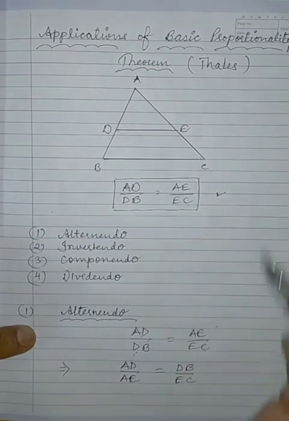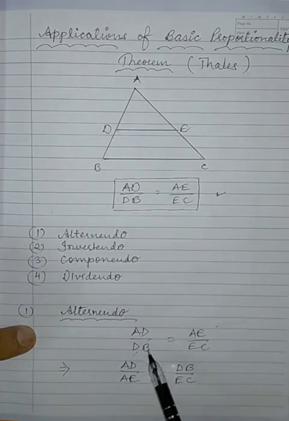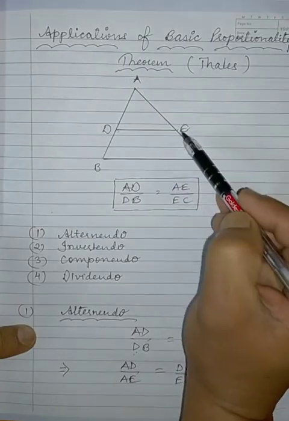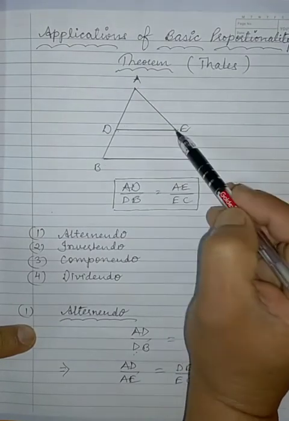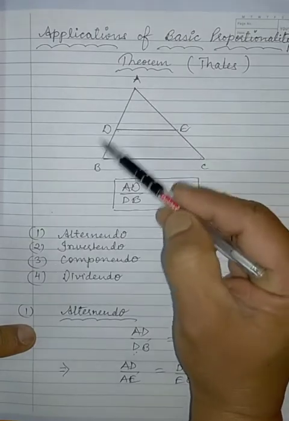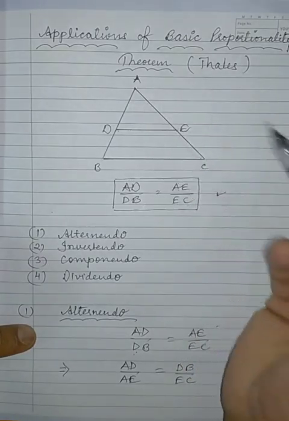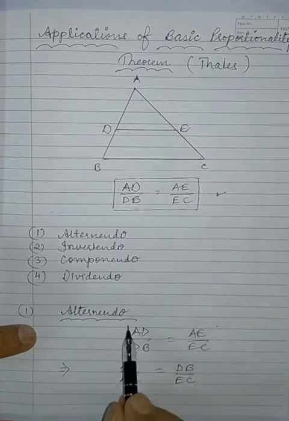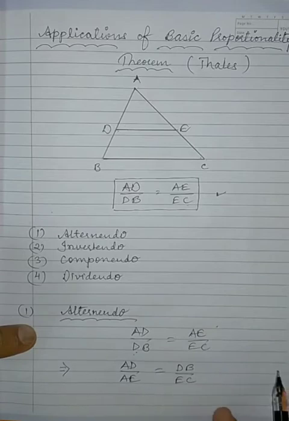Now if we are shifting this relation as AD upon AE is equal to DB upon EC, once again we are maintaining the same proportionality, but this time the relation has been altered. Also we can write this term EC here and AD here as per our need. So this way we can use the relation alternando.